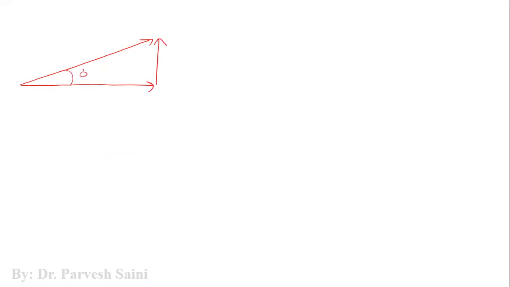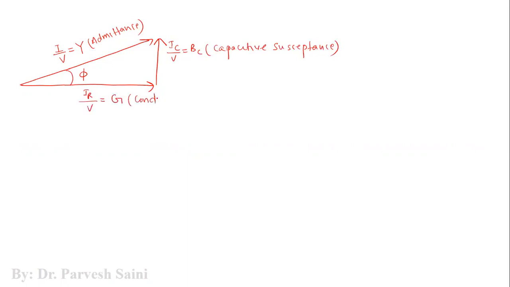So we will replace this with a new triangle, which is what we call the admittance triangle. So we have the phase difference here. We have I by V equal to Y, which is the admittance. Then we have IC by V equal to BC, which is the capacitive susceptance. And then IR by V is equal to G, which is conductance, right? So this is the admittance triangle, right?